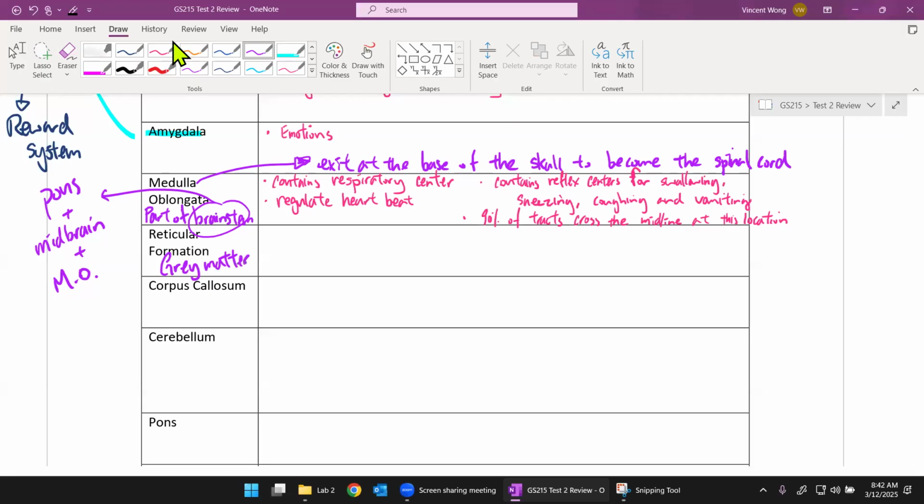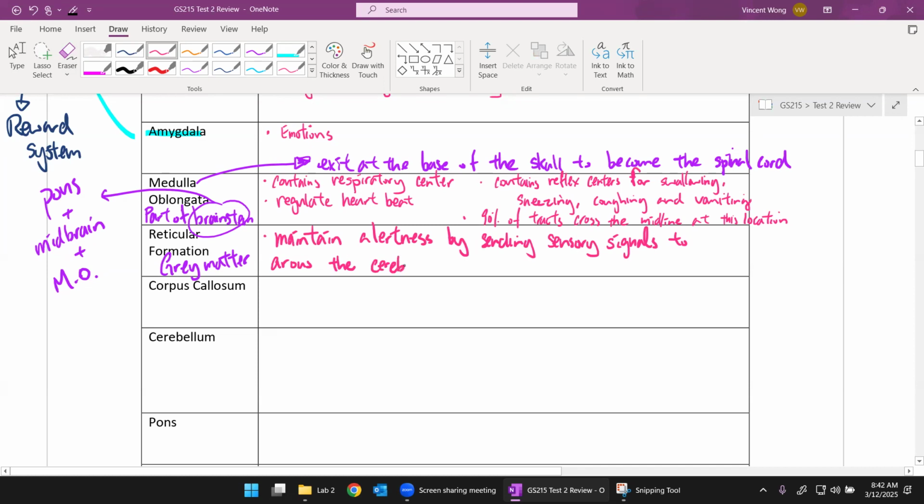It's a web of gray matter, and it basically maintains alertness by sending sensory signals to arouse the cerebral cortex.